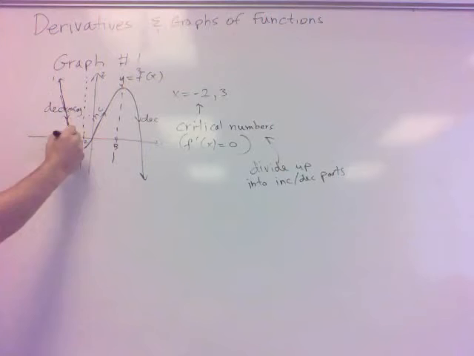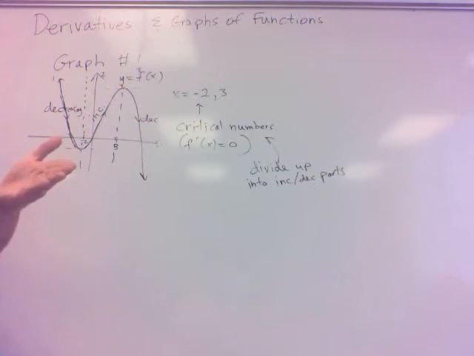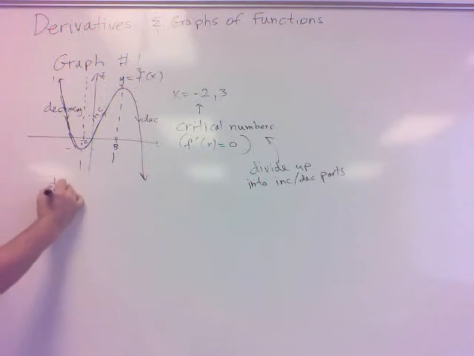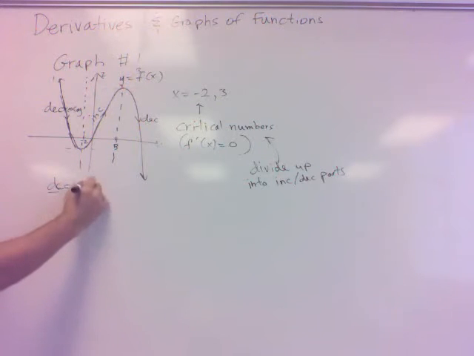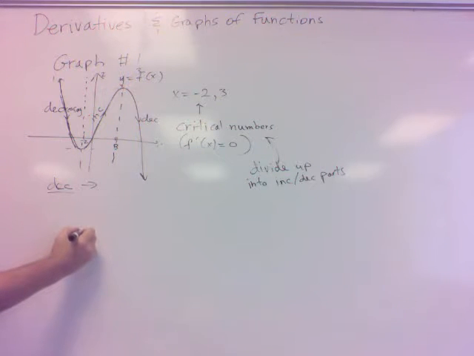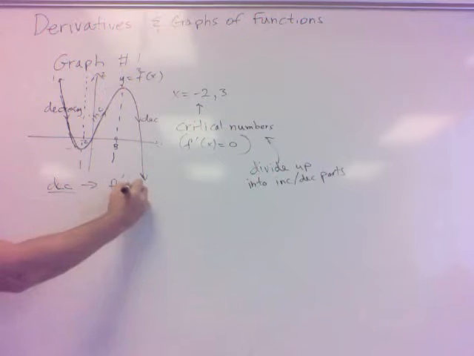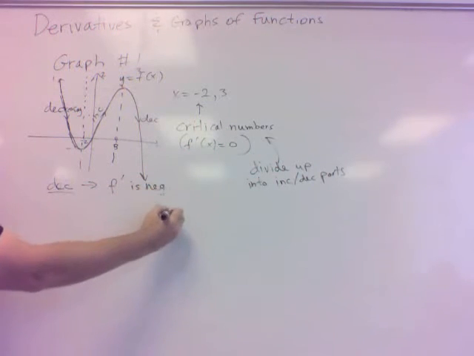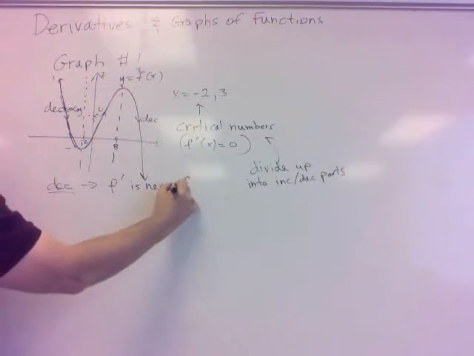So if I draw tangent lines over on this side, what kind of slope do I have? Negative slopes. Therefore, negative derivatives. On the decreasing part of a function, f prime is negative, less than 0.